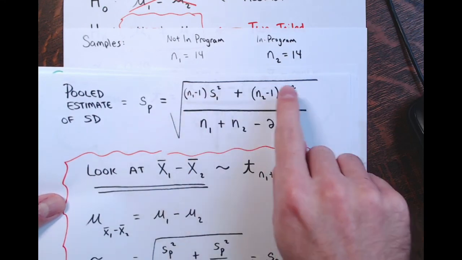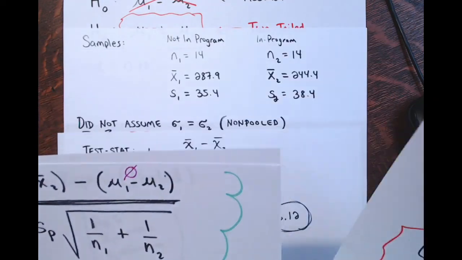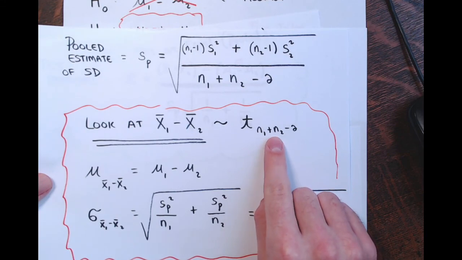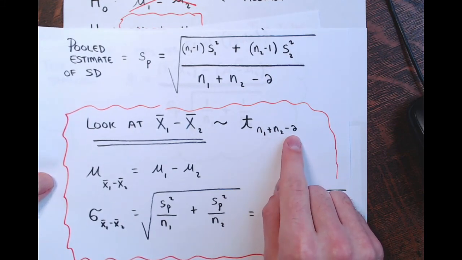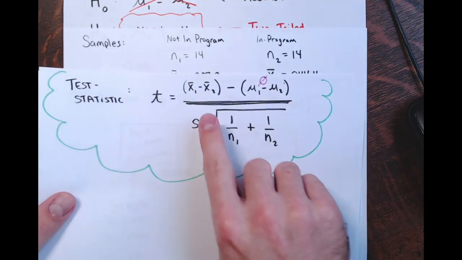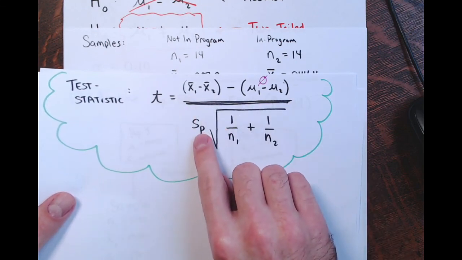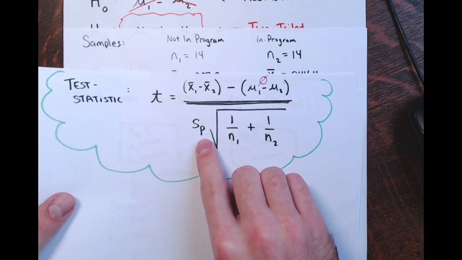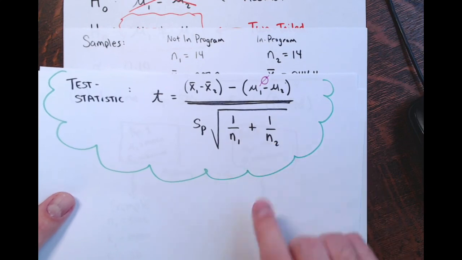You have to calculate this, and then your t-distribution has n1 plus n2 minus 2, the sum of the sample sizes minus 2, degrees of freedom. And your test statistic is the difference of your sample means divided by Sp, this pooled standard deviation that I showed you the formula for a second ago, times the square root of 1 over sample size 1 plus 1 over sample size 2.